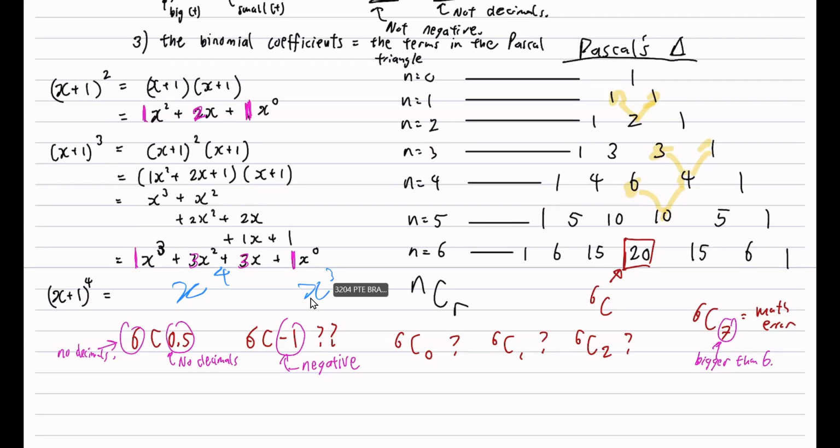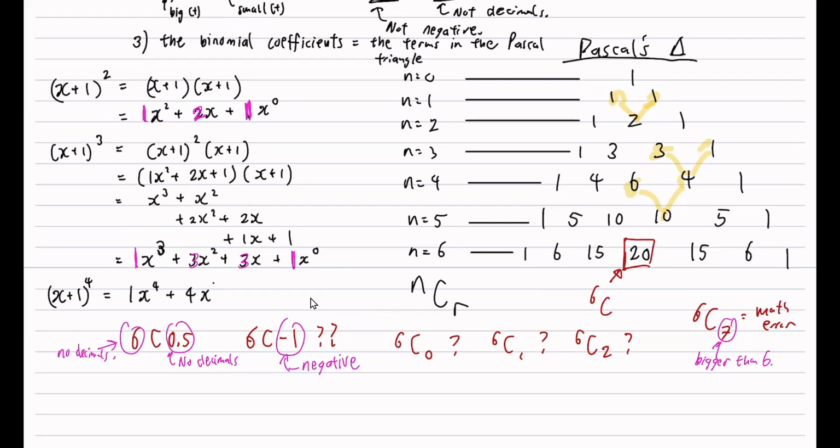Then just count down all the way, x squared, then x and constant. Then what are the coefficients? Exactly, that's it. You understand already. Yes, that's correct. I'll write it down for you.